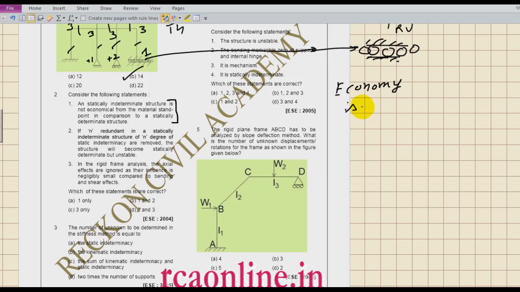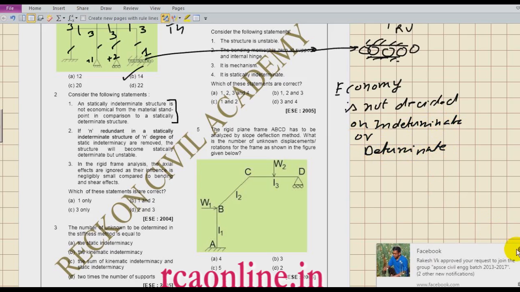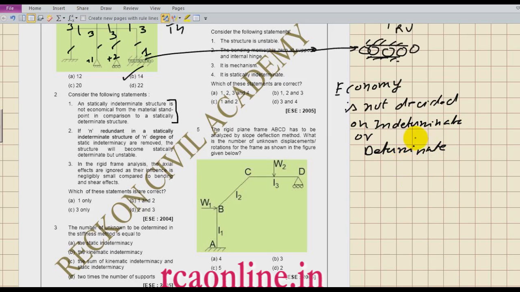Economy is not decided on an indeterminate or determinate structure. I can have a determinate structure which might be costlier than the indeterminate structure and vice versa. Is it okay? So this is not correct.